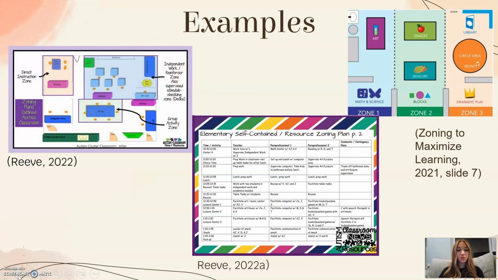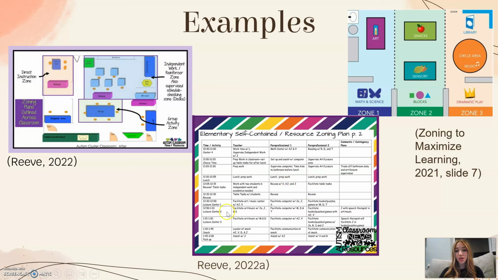Some examples of zoning. In this first image, I have included a classroom where you can see it's broken up into about 3 different areas. So the first professional is in charge of the instruction zone. The second professional is in charge of group activities, and the third professional is in charge of the independent work, which is also a supervised schedule checking zone.